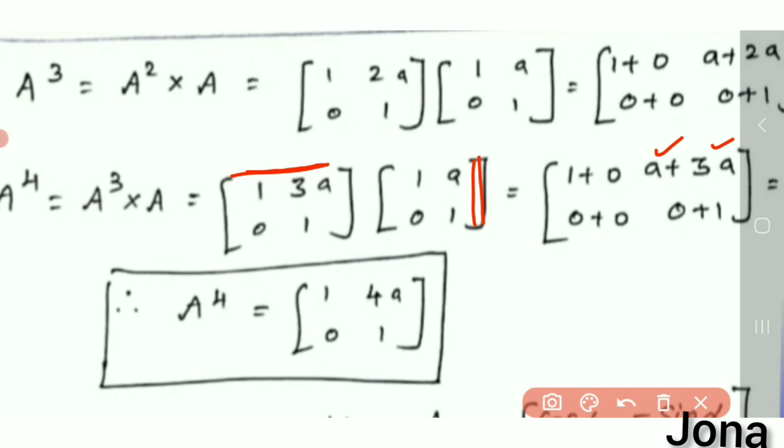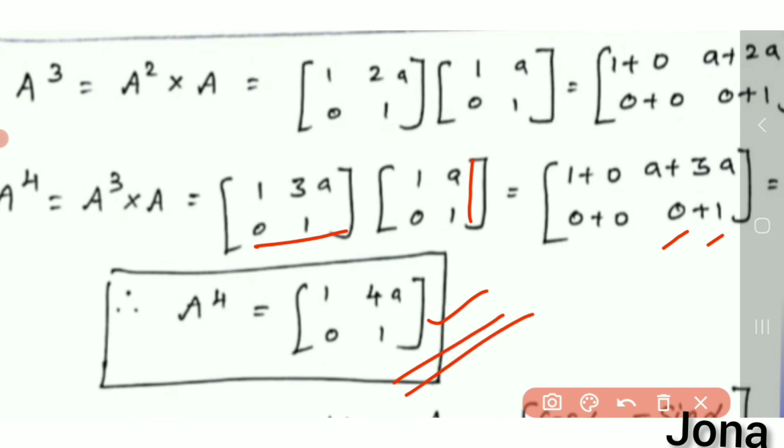And then second row, first column, 0 into 1 is 0, 0 into 0 is 0. And then second row, second column, that is 0 into a is 0 and 1 into 1 is 1. Therefore, the answer is [1 4a; 0 1]. Therefore, the value of A power 4 is here.